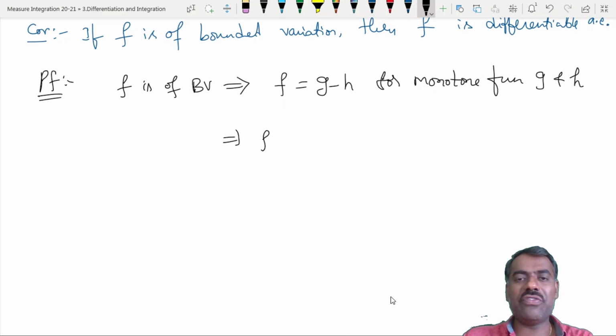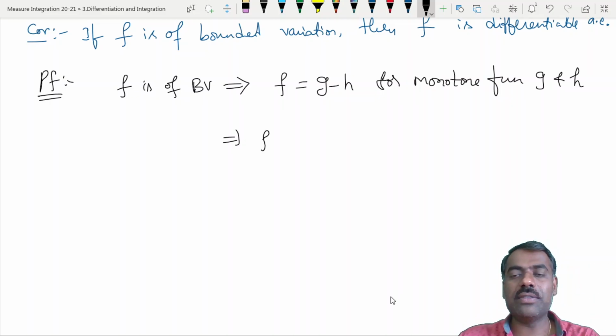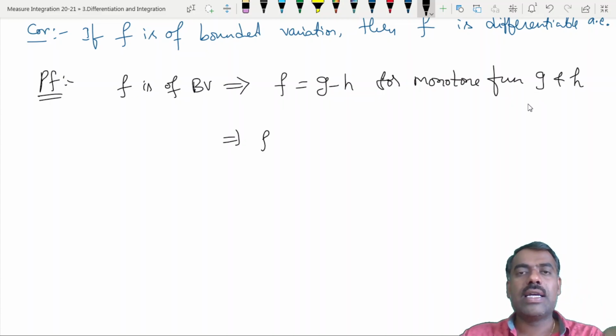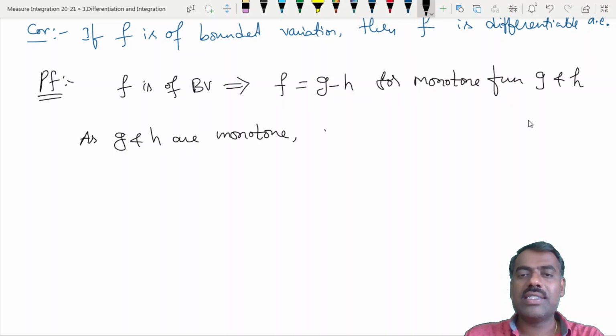This implies f dash, as we know that when we discussed differentiation, we proved that if some function is a monotone function, then differentiation exists almost everywhere. That means it is differentiable almost everywhere, right? So as g and h are monotone, by known result, g dash and h dash exist almost everywhere.